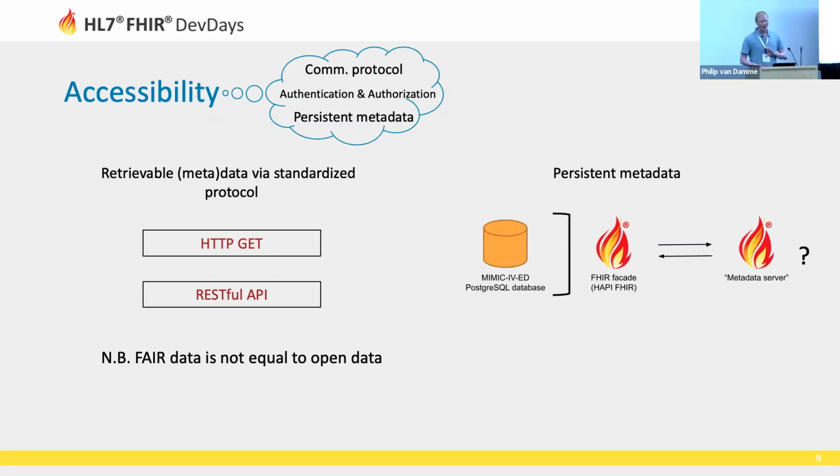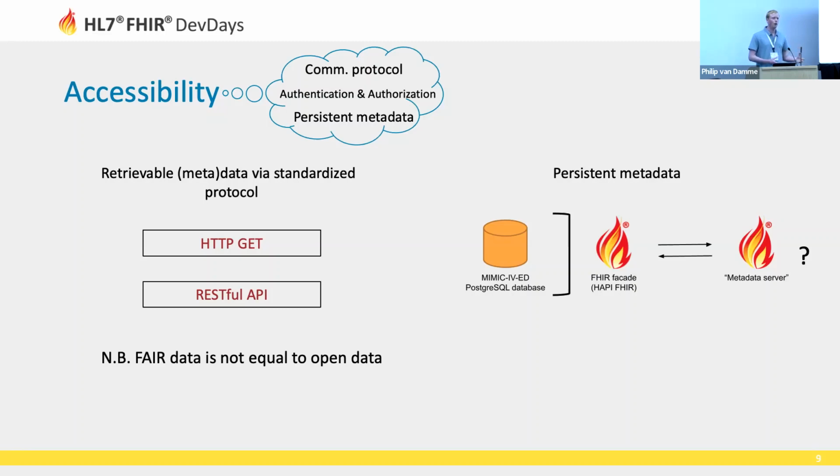Persistent metadata, I don't have an exact answer to this. It means that if your data is no longer available, you should still be able to access the metadata. If you published your metadata on a repository like PhysioNet, then that would be the case. But let's say you have a FHIR server that has your metadata resources and the data resources.